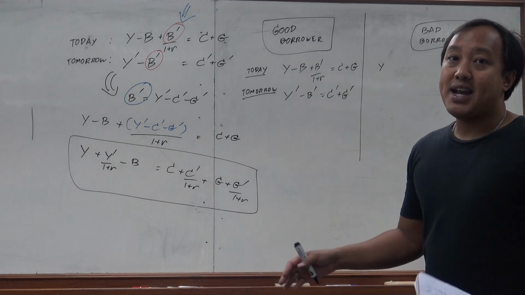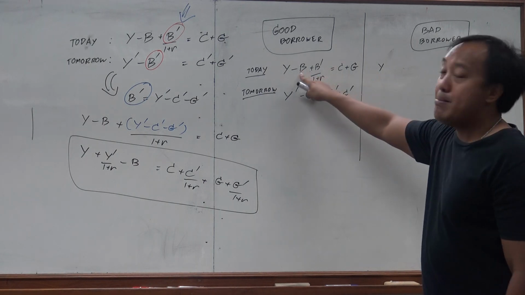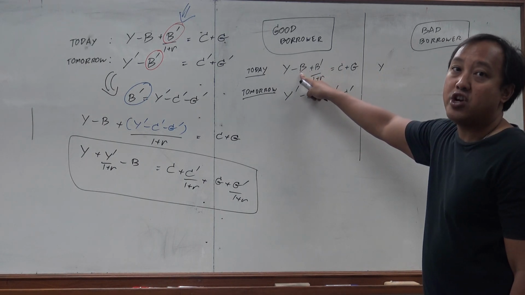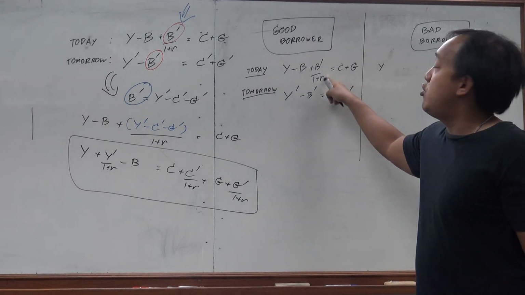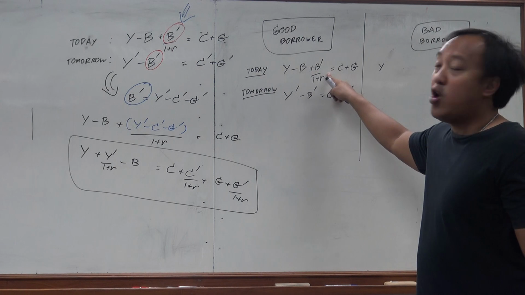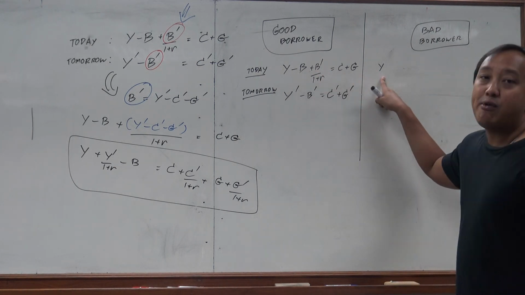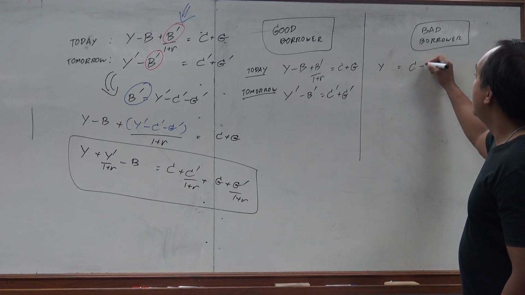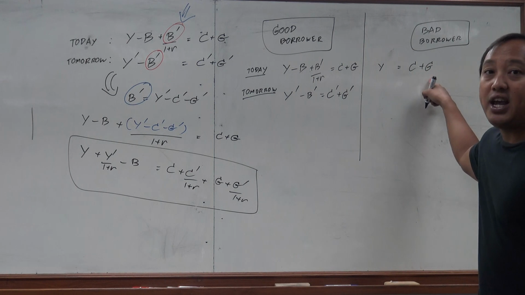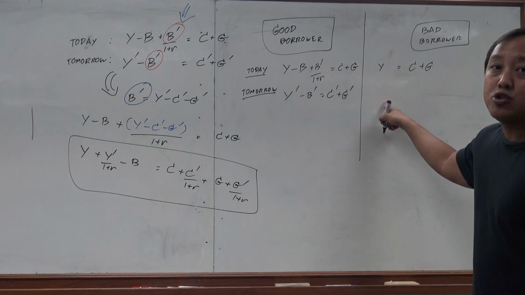You are a bad guy, so then it's just a y. If you don't pay back your debt on time, you have no credit, you cannot borrow more. So no B prime. You just have a y, and then you use this money to enjoy your spending, c and g. How about tomorrow?